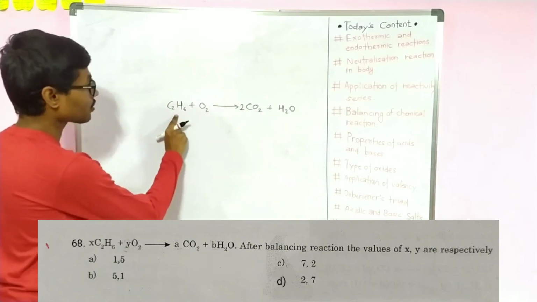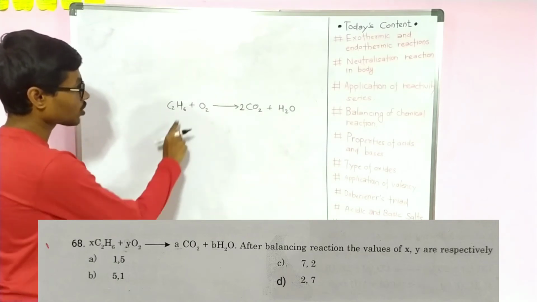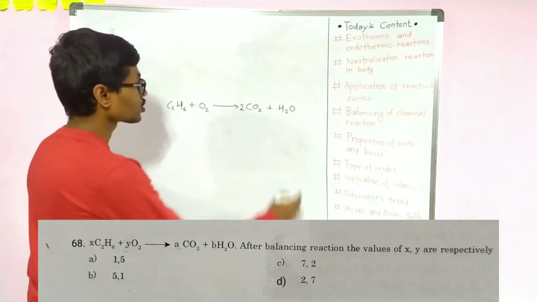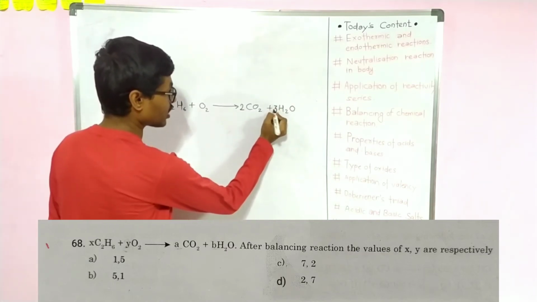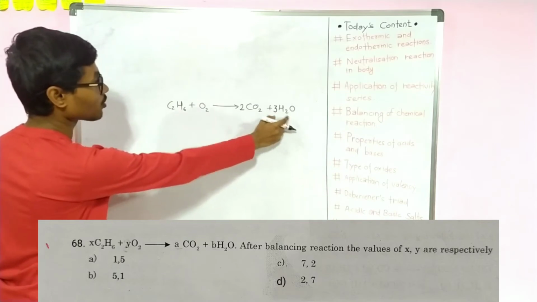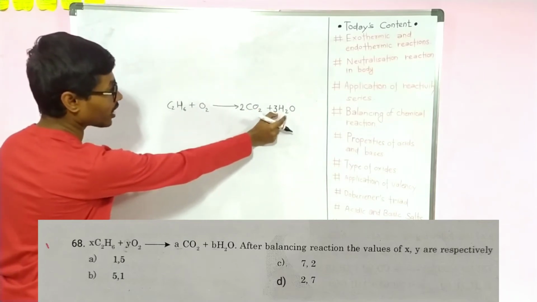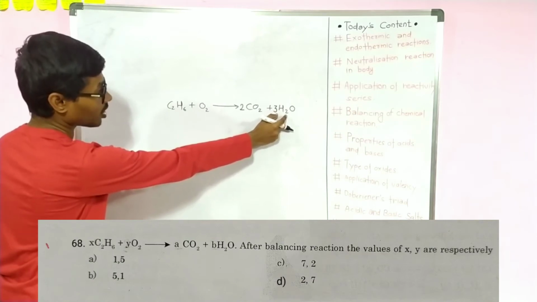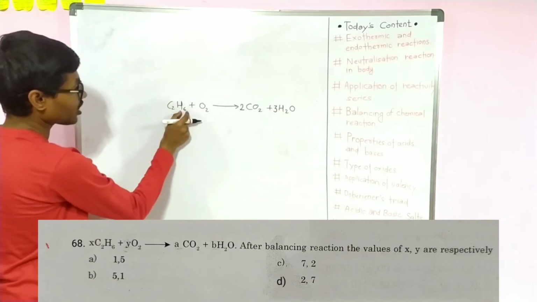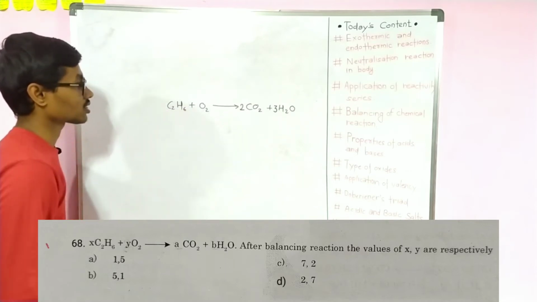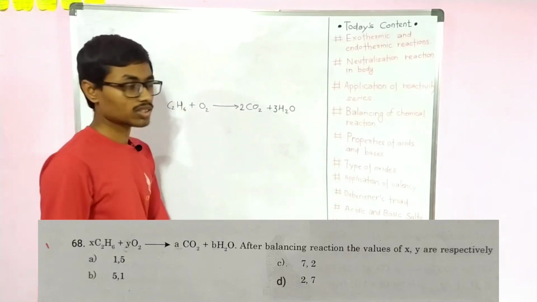Now let us balance hydrogen. Here are 6 hydrogens and here are 2 hydrogens. So we have to multiply by 3 to equate the number of moles of hydrogen in product and reactant. Now moles of hydrogen in the product are 6, so similarly moles of hydrogen in the reactant are also 6. Now we balance oxygen.